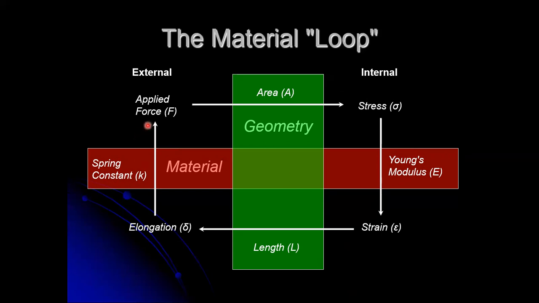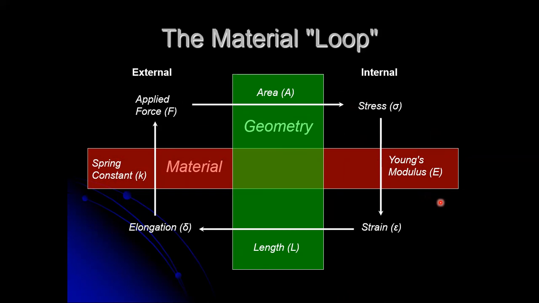But in principle, if we know the load, the geometry of the member, its area and length, and the material it's made out of, we can figure out how much stretch we're going to have, and whether it's going to be safe. So that's the basic idea behind stress and strain and the fundamental principles.